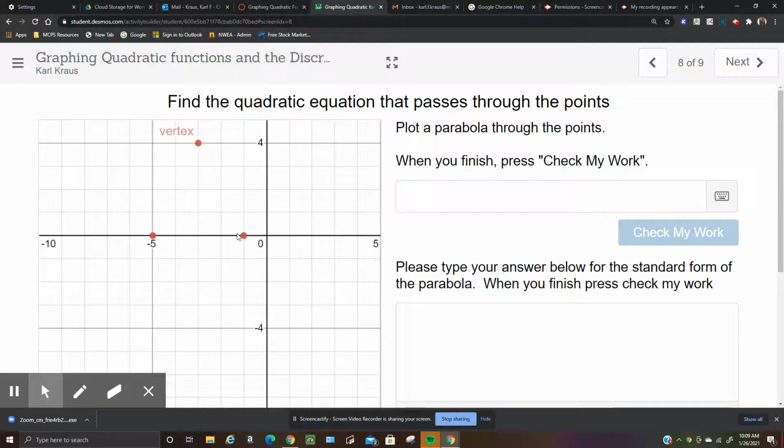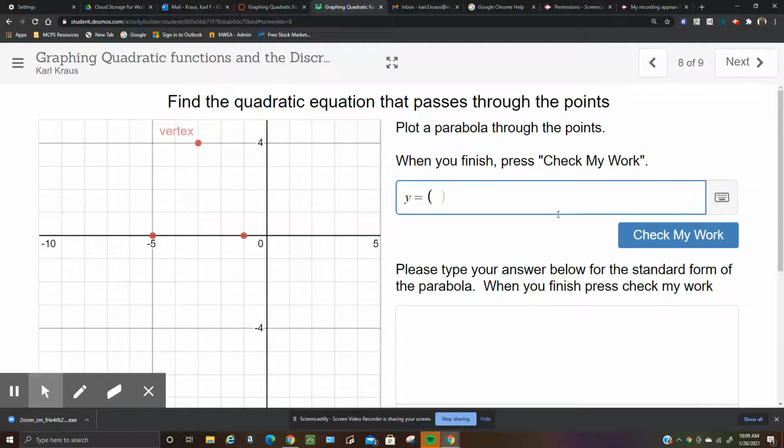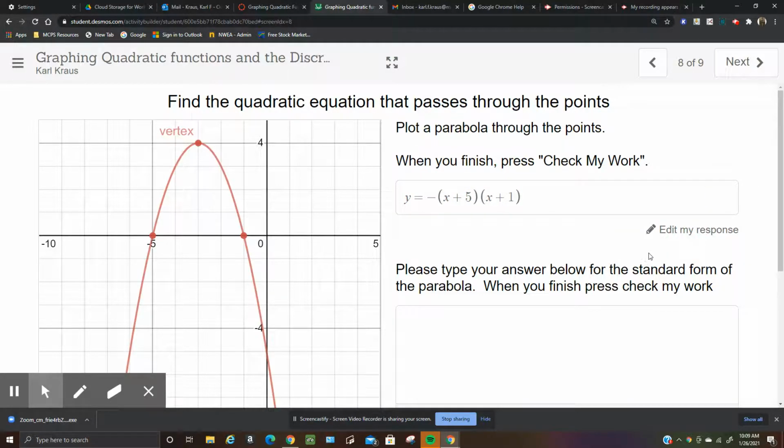Here I could use the vertex form or the intercept form, so I'm going to start with the intercept form here. So x plus 5 times x plus 1, and this is facing downward, so that works.